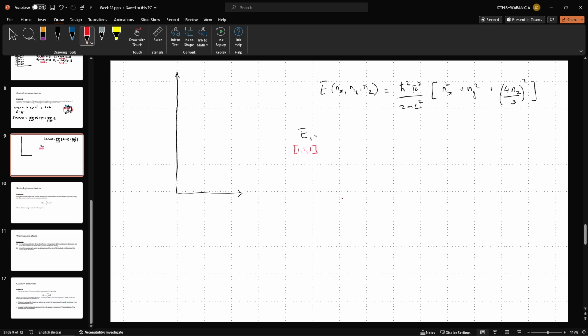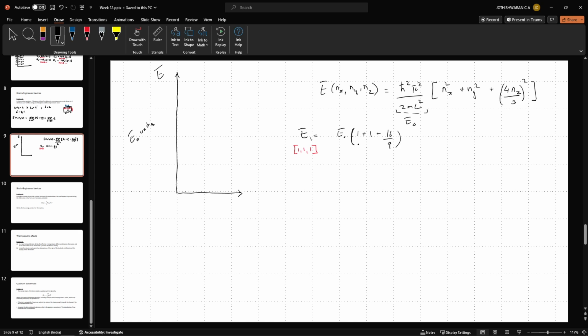If I assume this quantity to be E naught, and this is in E naught units, then the lowest energy value is going to be E naught into 1 plus 1 plus 16 by 9.